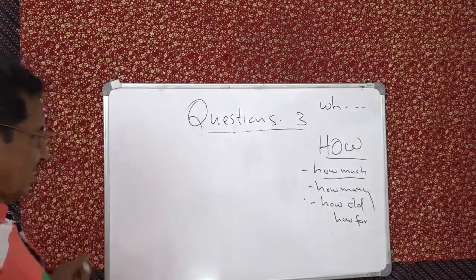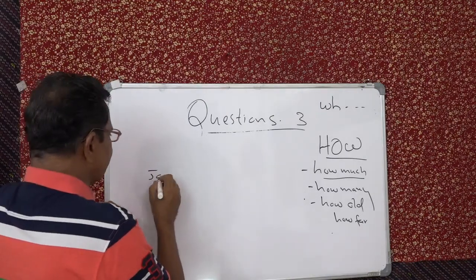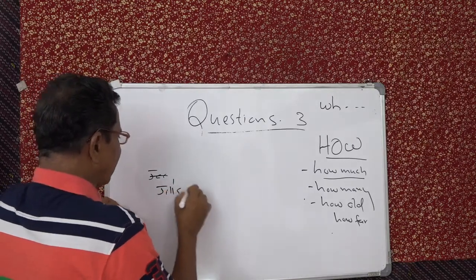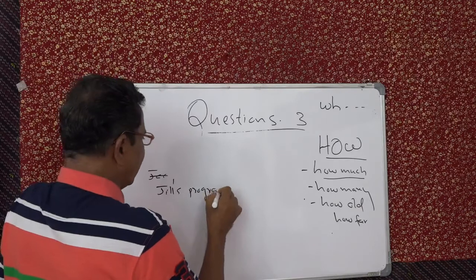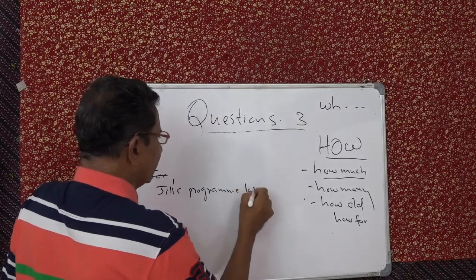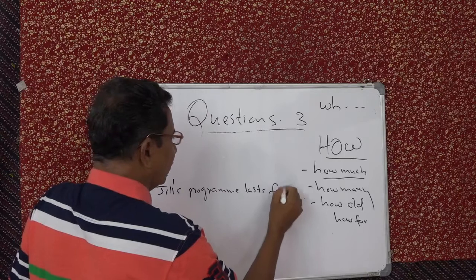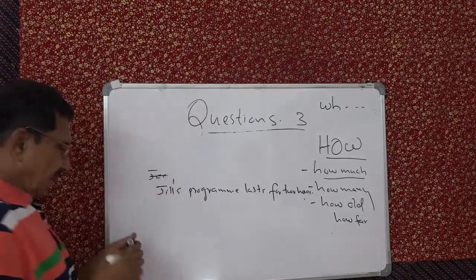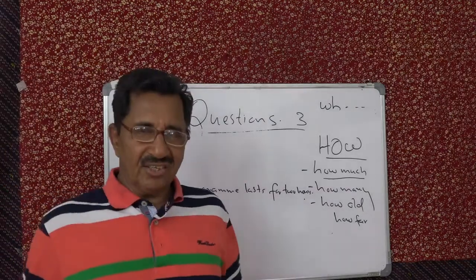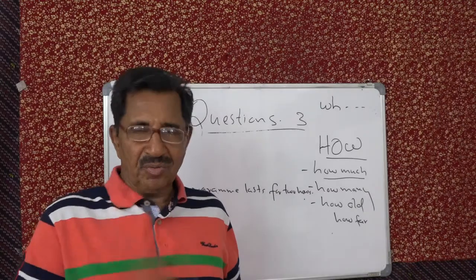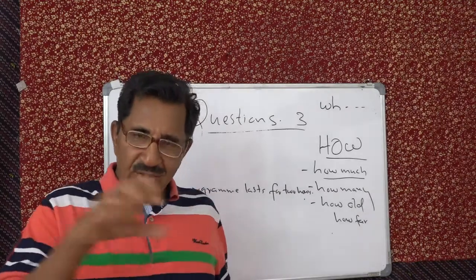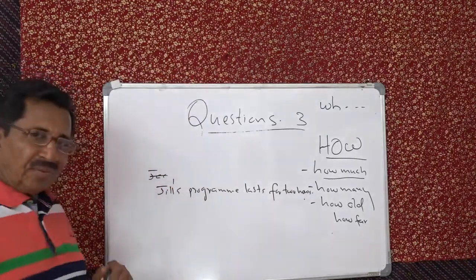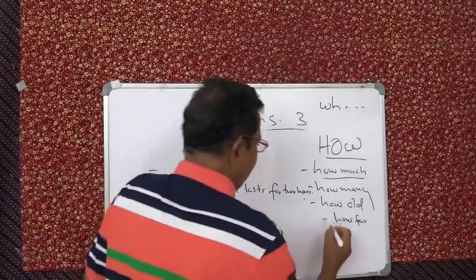So let me see. Jill's program lasts for 2 hours. Jill is going to conduct a concert, and so it lasts for 2 hours. Now you want to know the length of the program, the duration of the program. So you say how long?